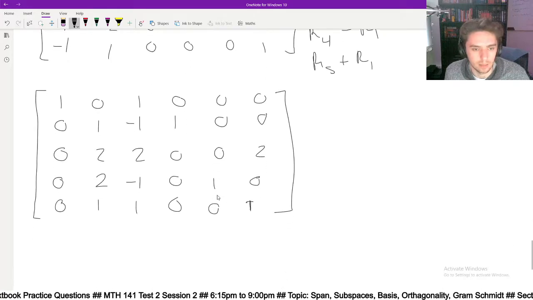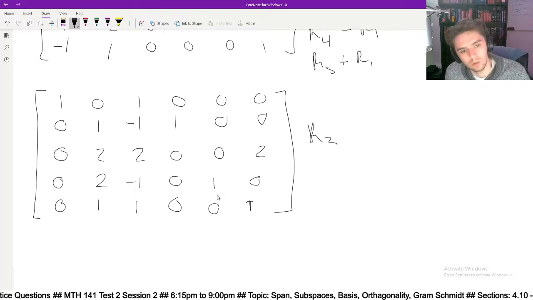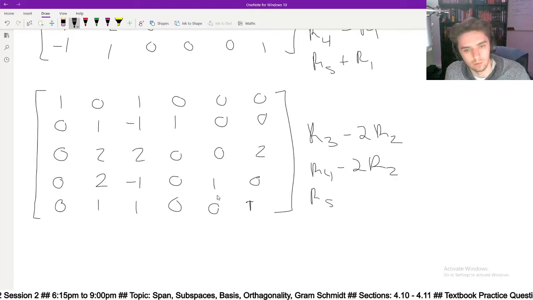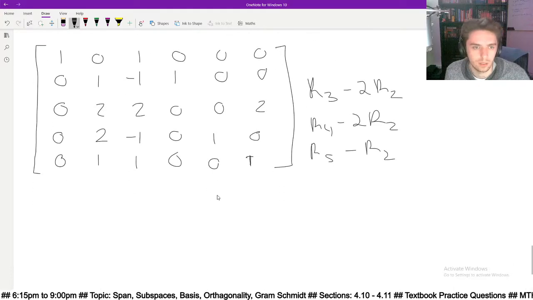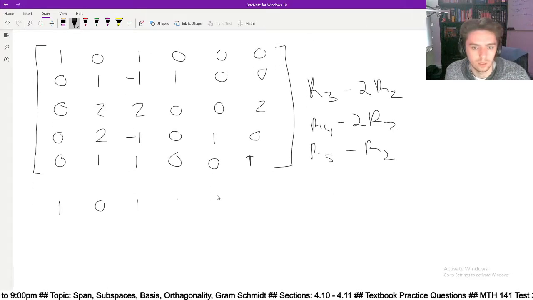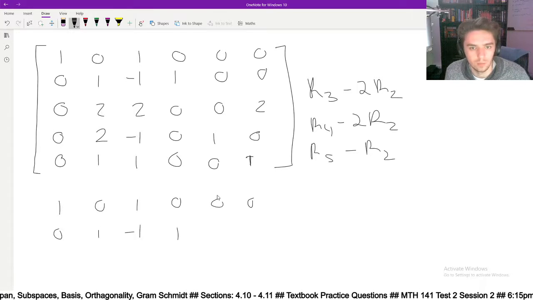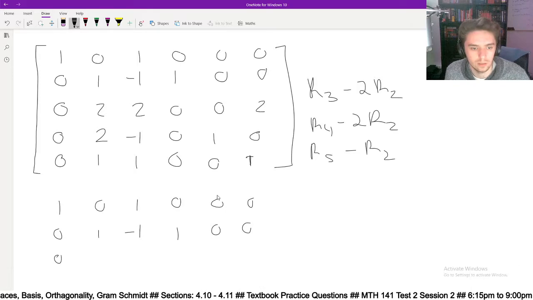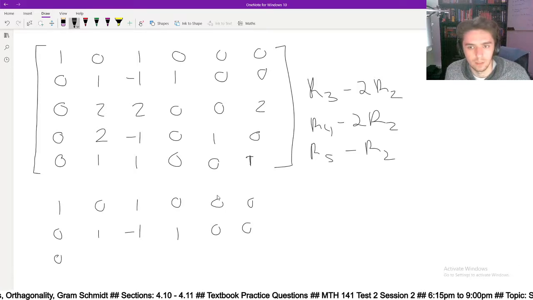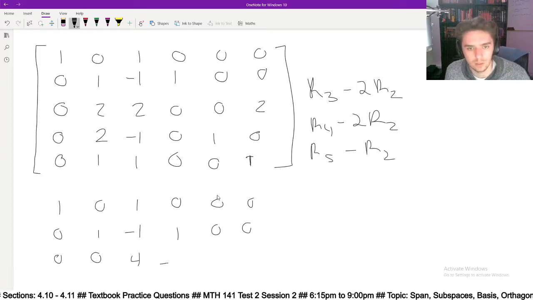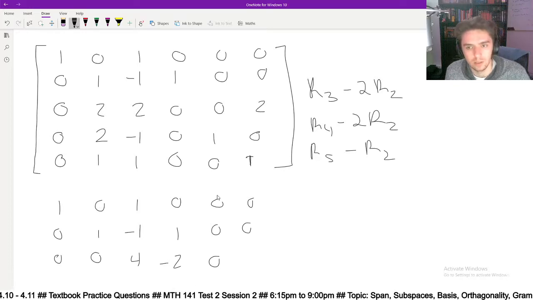Okay, now I will do row 3 minus 2 row 2, row 4 minus 2 row 2, and row 5 minus row 2. So 1, 0, 1, 0, 0, 0, 0, 1, -1, 1, 0, 0, 0. So 2 minus 2 is 0. 2 plus 2 is 4. 0 minus 2 is -2. 0 minus 0 is 0. 2 minus 0 is 2.